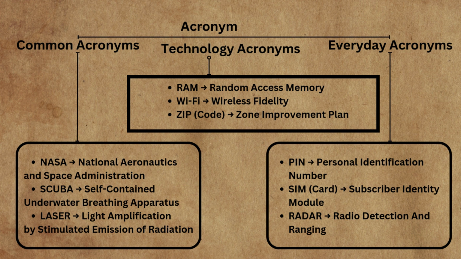Technology acronyms: RAM, random access memory; Wi-Fi, wireless fidelity; zip code, zone improvement plan. Everyday acronyms: PIN, personal identification number; SIM card, subscriber identity module; radar, radio detection and ranging.